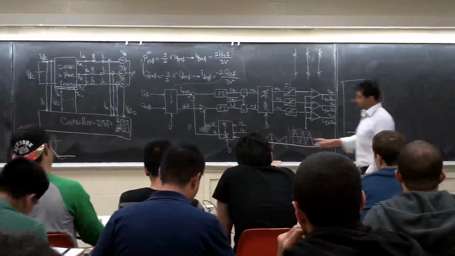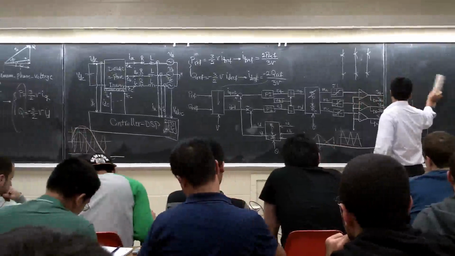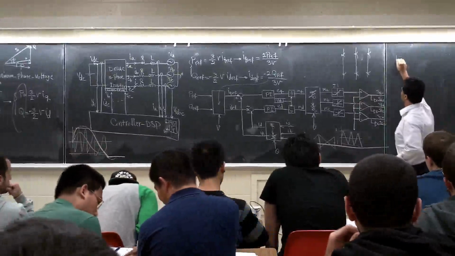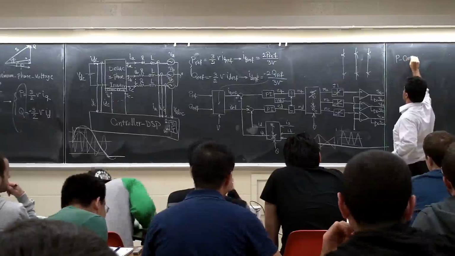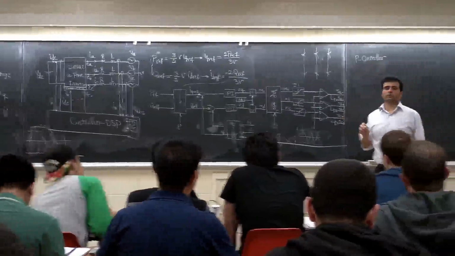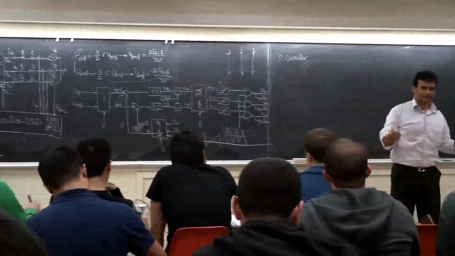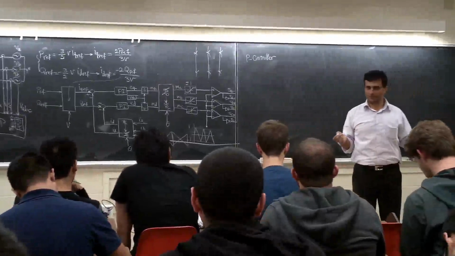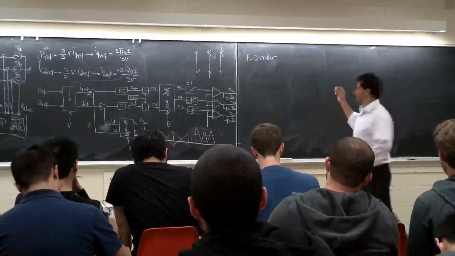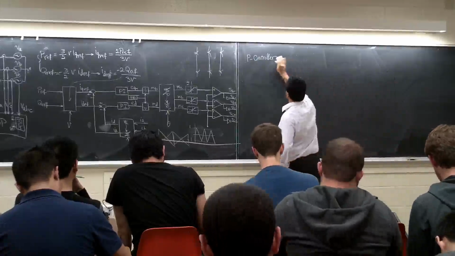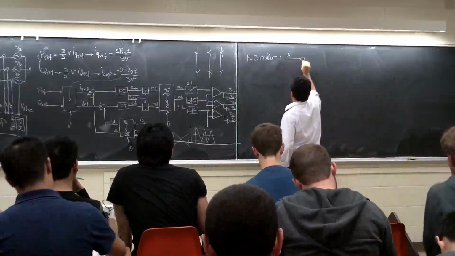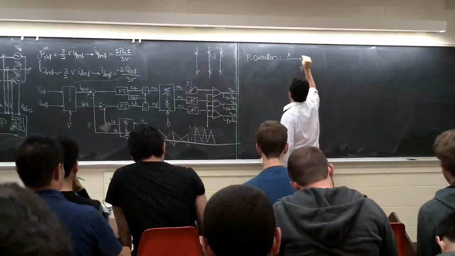Now, what's the PI controller? What is the P controller? They call it the proportional controller, right? P. What's proportional? It's a constant number, right? You have two signals, for example X and Y, coming here, plus minus.